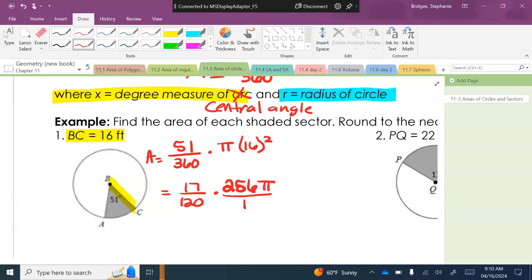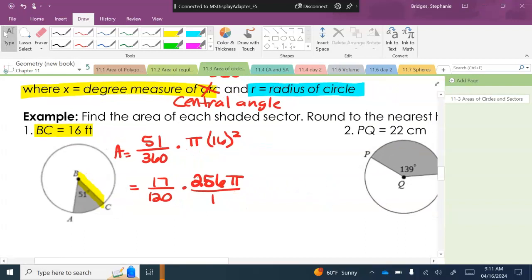Now, do 17 times 256 in your calculator. What does that give us? 4,352. All right, put pi behind it.